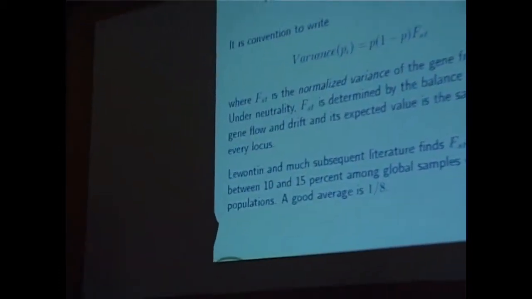It's the normalized variance ratio. It's exactly what Lewontin was talking about. Under neutral genetic drift, balanced by migration between populations, all genetic loci should have the same expected value of this so-called FST statistic, and this is the number that is 1/8. This is the number Lewontin and everyone else has found to be 1/8 in humans.